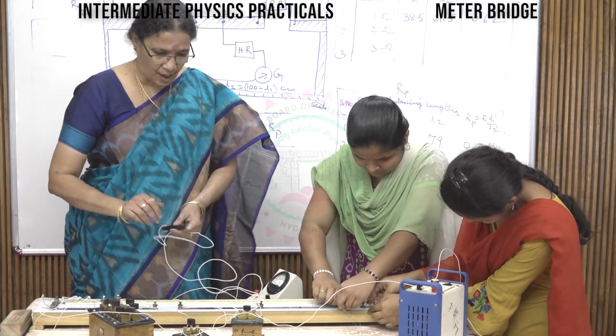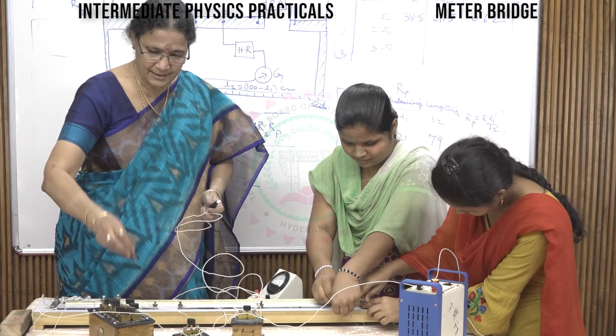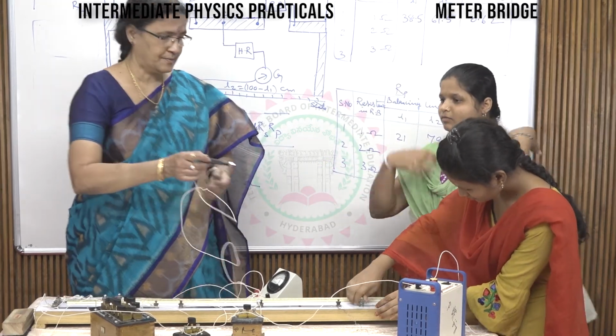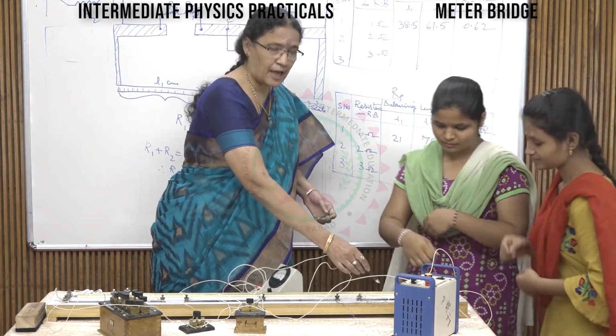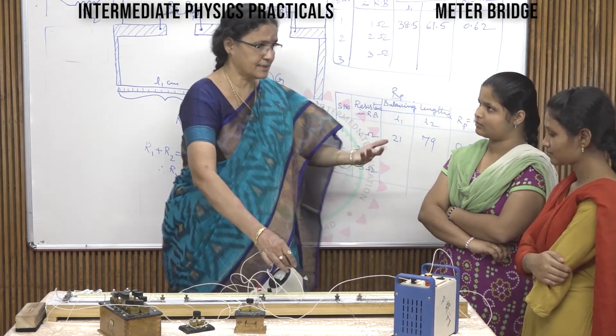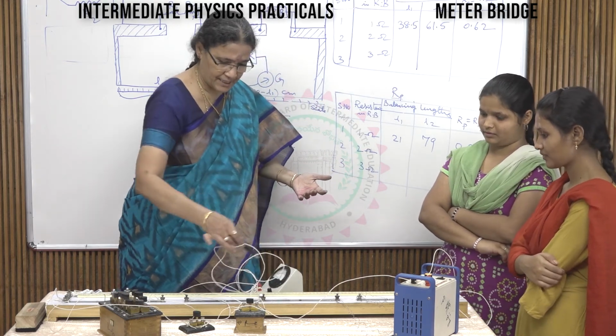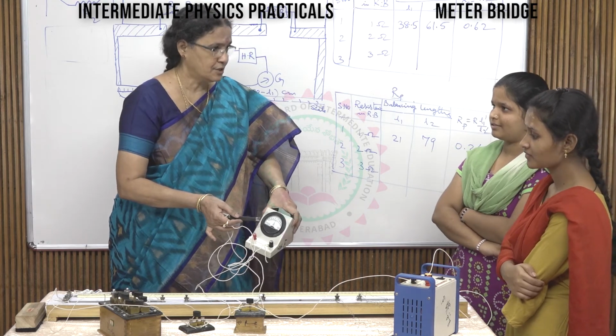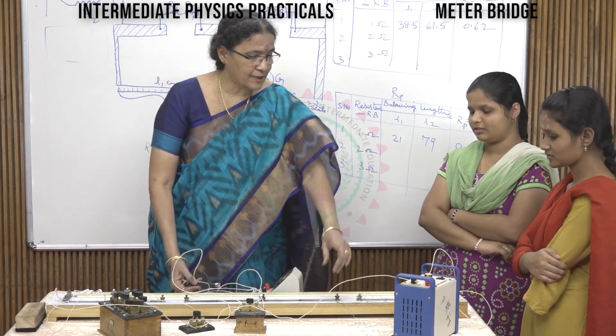So again, how much resistance I am including in the circuit? I am including 1 ohm resistance, as you have done in the earlier cases. So test at various points till you get what deflection in the galvanometer? Zero deflection. And what is L1?